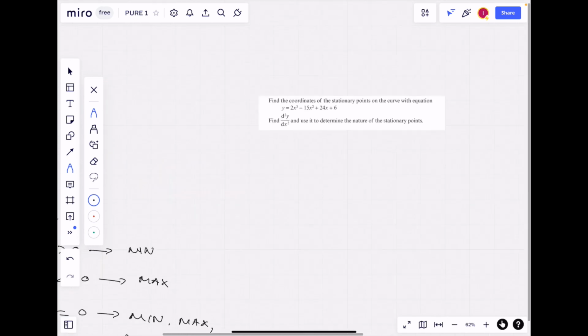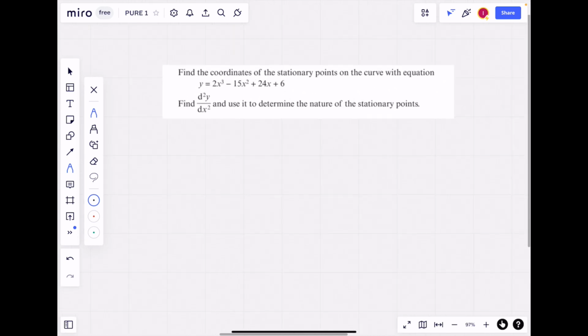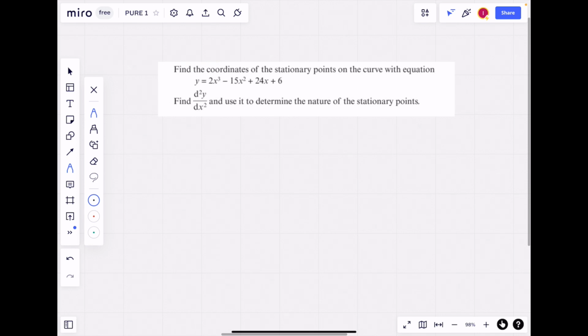So let's have a look at this question. It says, find the coordinates of the stationary points on the curve with equation blah blah blah. So first off, I want you to differentiate that function for me, please.